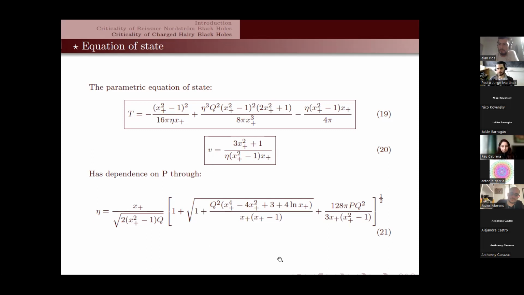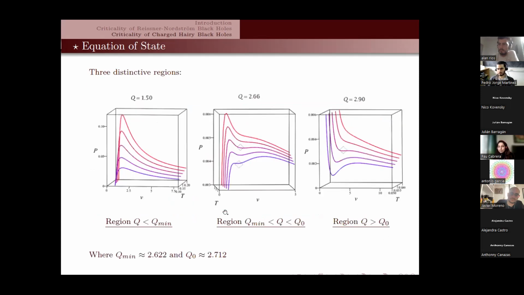Doing that, we find 3 distinct regions for different values of Q. For Q less than a Q minimum, there is no criticality here.